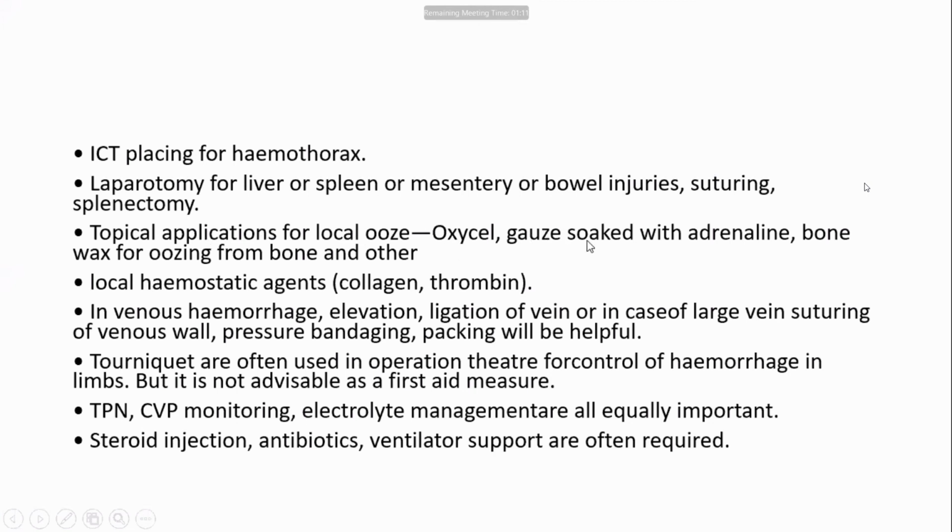These are the different gels, different methods to control the ongoing bleed. Local hemostatic agent, collagen foam can be given, and venous embolization can be done. Tourniquet is often used in the operation theater for control of hemorrhage. TPN and CVP, electrolyte management, and ventilator support. These are the things which are given during the acute phase, so that the patient will come to physiological balance, homeostasis. Then only later we do the definitive part of surgery.